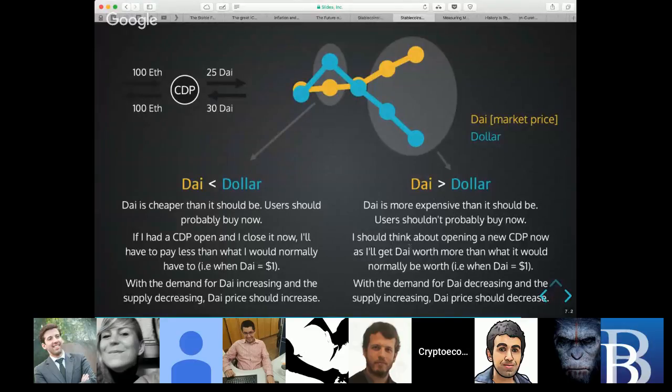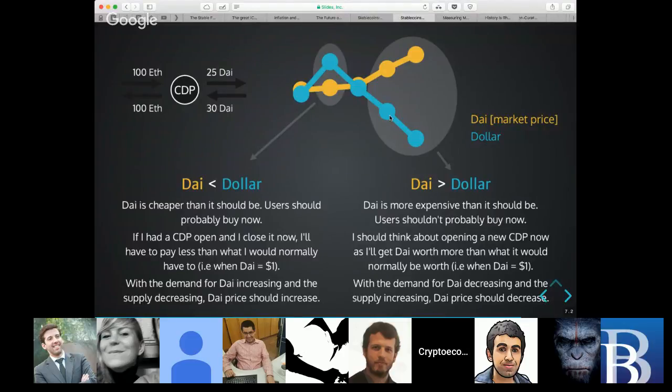If I'm a financier and I'm looking to make a profit, now is the time to open more CDPs, because the price of DAI is above what it should be, and therefore it will cost me less to handle that. And again, supply and demand, this will decrease the demand for DAI and increase the supply, and therefore the price of DAI should decrease, slowly going back to the price of the dollar, right?